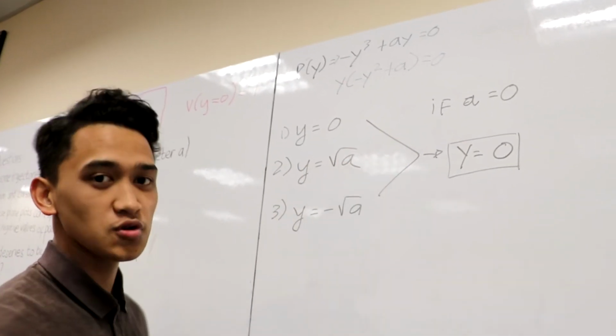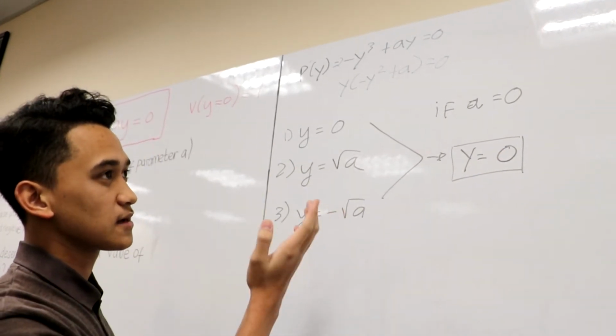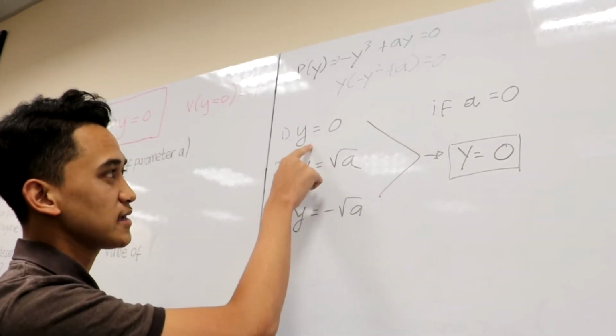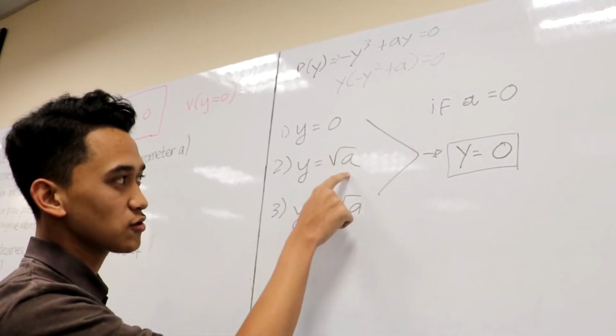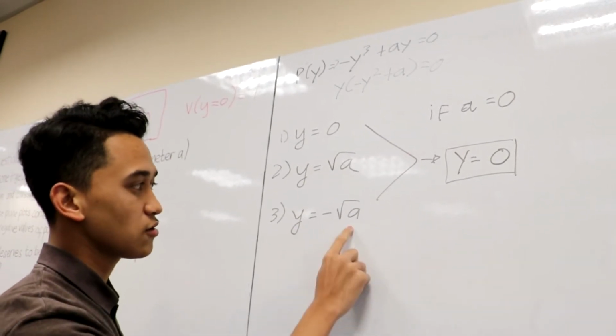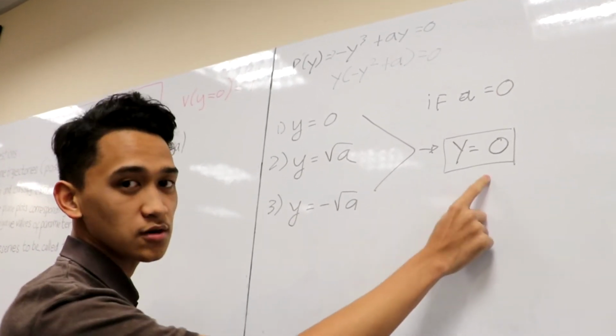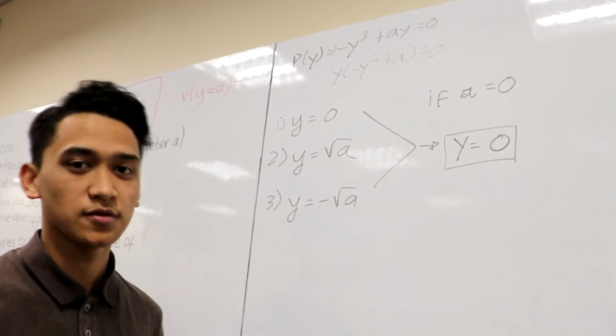And if we put a as 0, the first y is 0, the second y, if we put a as 0 here, will also be 0, and the third y, minus 0 times 0, will be 0. So that's why 0 is called the critical value.